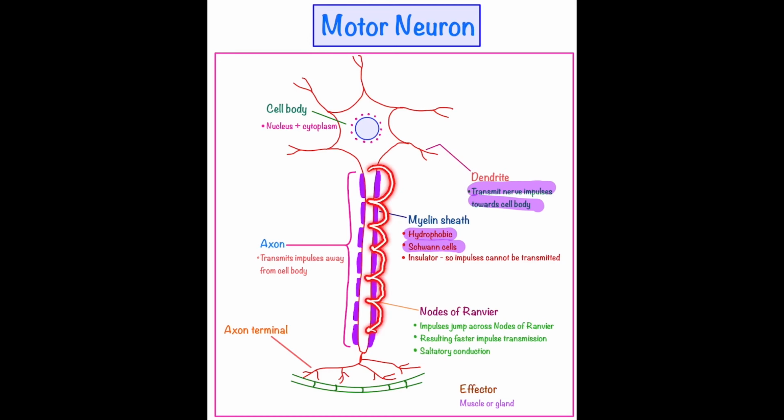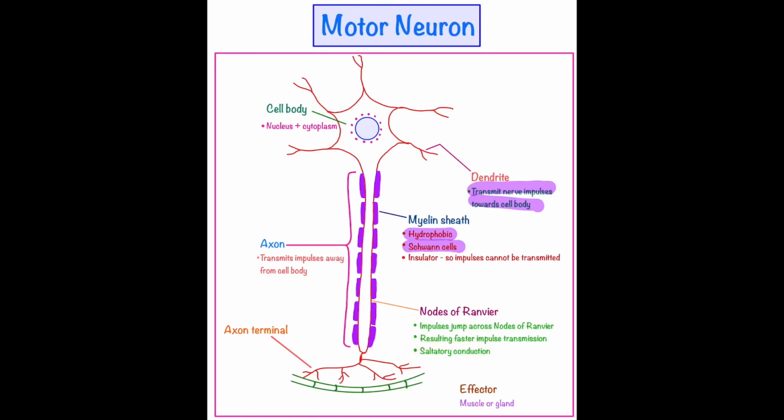So ultimately what will happen? Ultimately it results in the faster impulse transmission. So because of this jumping, impulses are getting transmitted very fast and we are getting response very fast, and that is known as saltatory conduction.